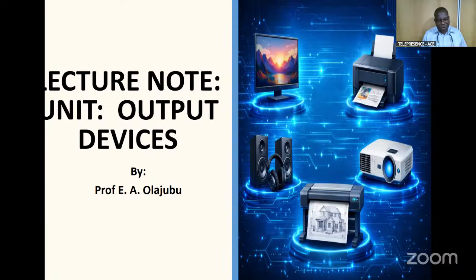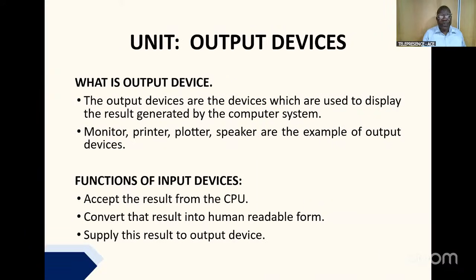Also in that class, we discussed the keyboard as one of the universal input devices that is applicable to many computing. So today we are discussing what we refer to as output devices.